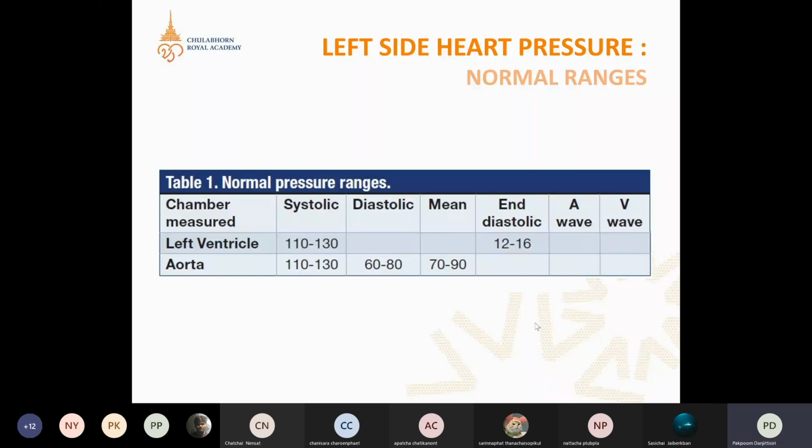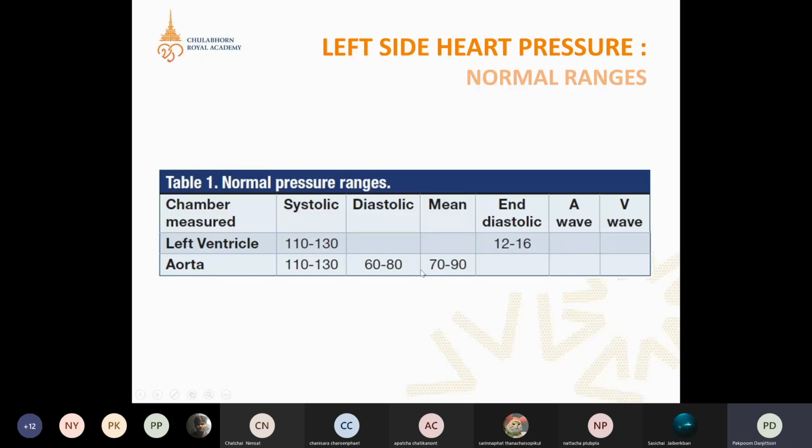So if you want to memorize the normal pressure ranges, just try to memorize an easy value, just like 110 to 130 or something like that.